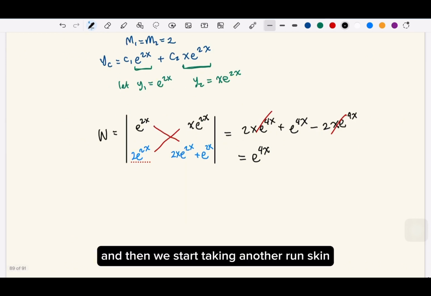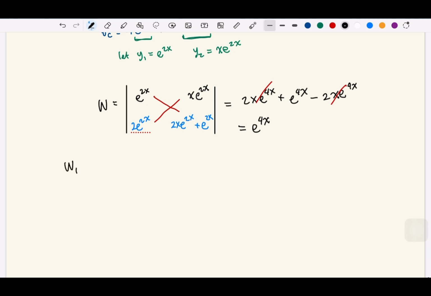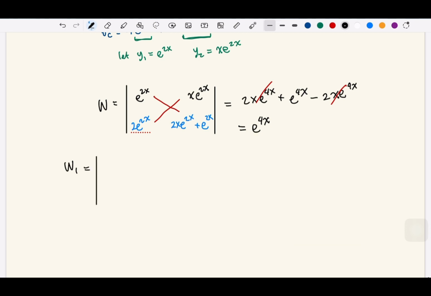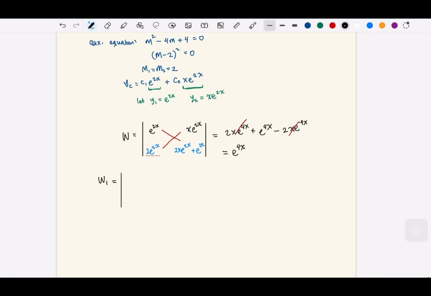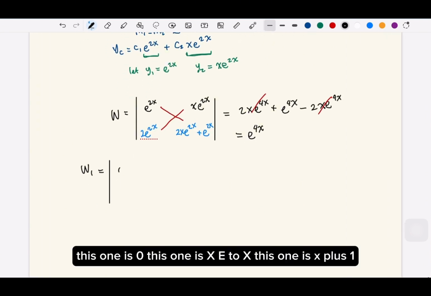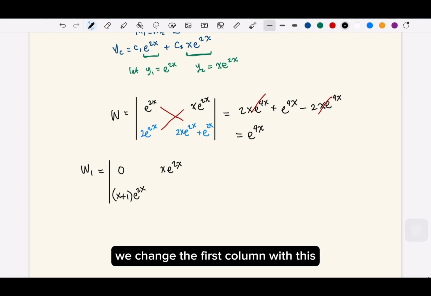And then we start taking another Wronskian, now using the Cramer's rule. Okay. Using the Cramer's rule for the first one, we let this one is 0, this one is x plus 1 e to x. We change the first column with this.